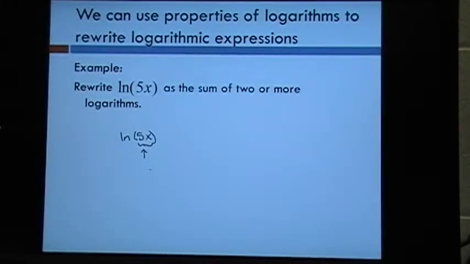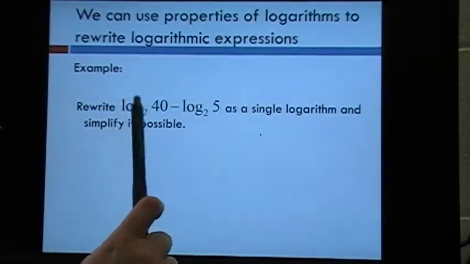So if I have a multiplication or a product, then I would use the product rule to separate. The product rule says that this is the same as the natural log of 5 plus the natural log of x. So I have written that single log as the sum of two logarithms.